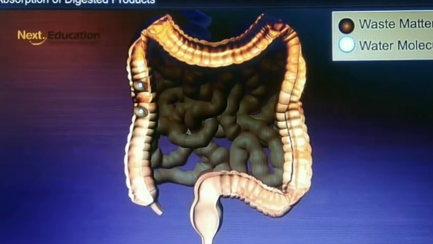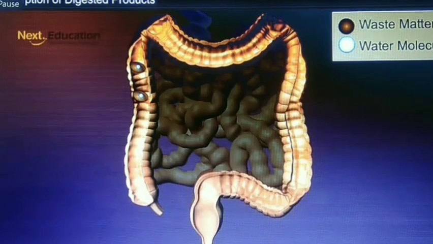Now what happens after these nutrients get absorbed? What happens to the remaining undigested food? The remaining undigested, unabsorbed food materials move from the small intestine into the large intestine. That is the waste matter and some water molecules. So you know the parts of the large intestine: cecum, colon and the rectum.